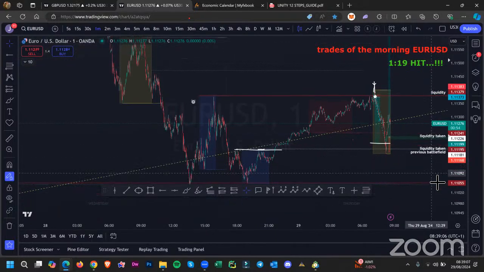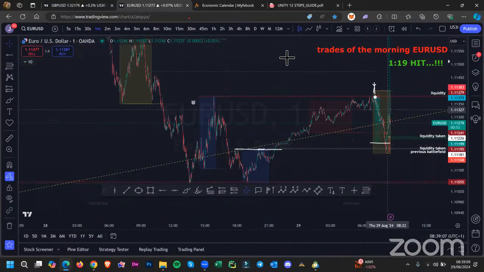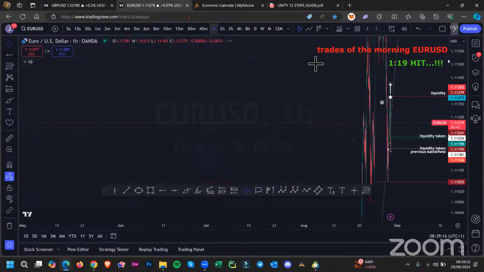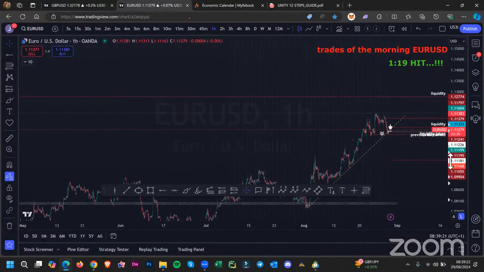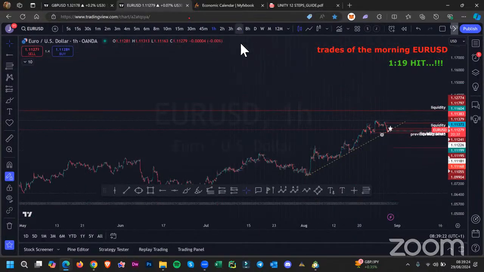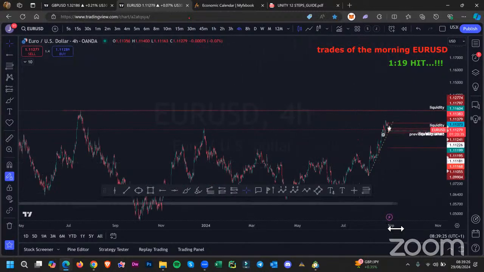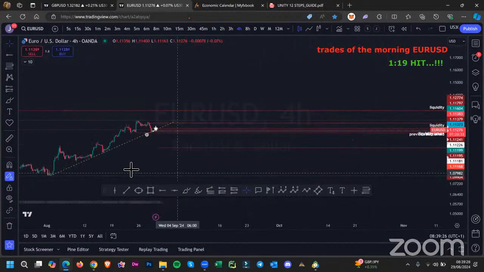Now, let's go back to understanding that we want to understand market structure and where we are in the markets. The issue is, even though I sold that trade for 1 to 18 because of liquidity, I am concerned by the fact that this market's been doing what? I'm asking, what am I concerned about?